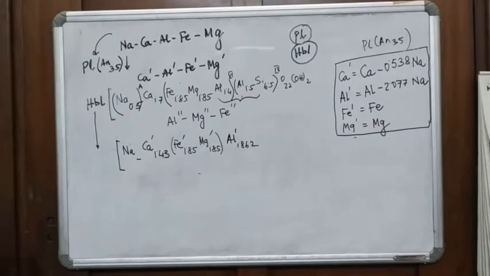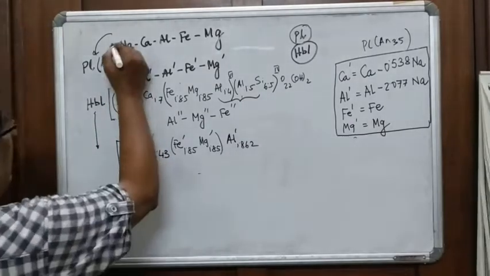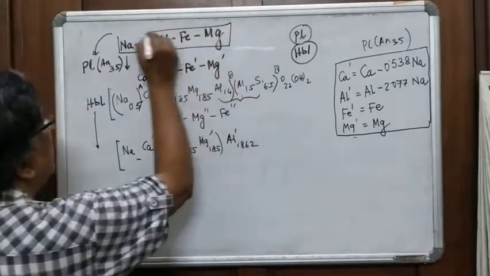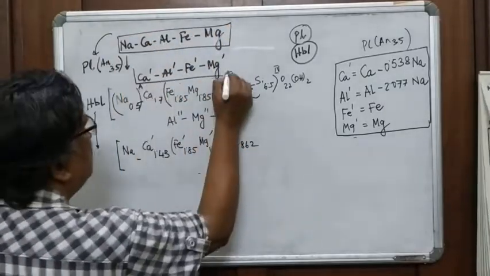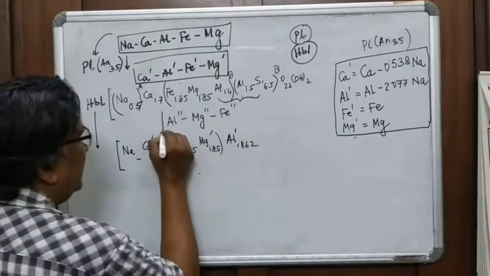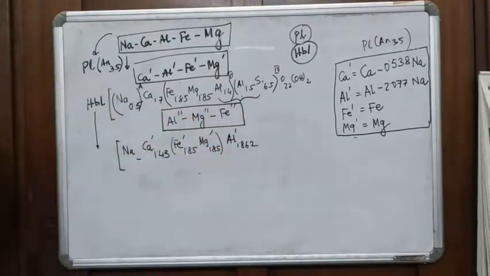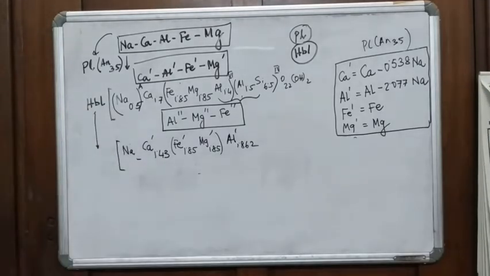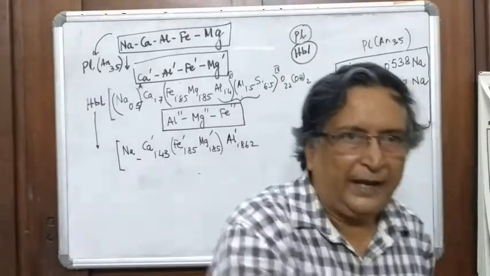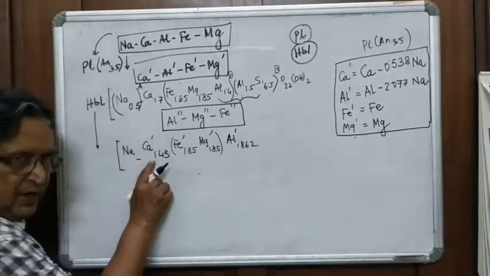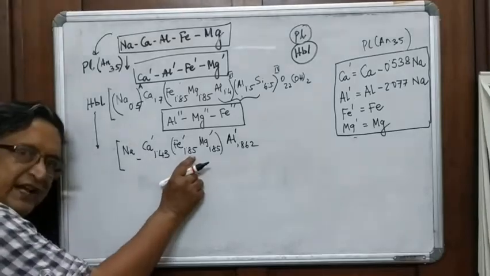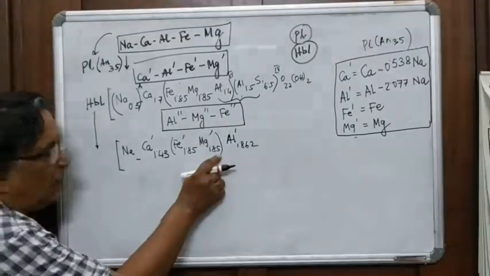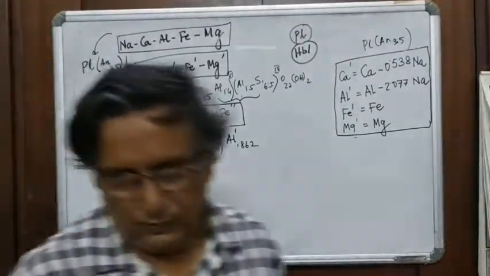But now, our next step was, remember, I think we started with this component, then we went to this component where we are. And finally, Spear suggested that we can do it this way by using the hornblende composition. Now you can see what will happen. You will write Al double prime. You're removing now calcium. If you're removing calcium, some of the iron will go, some of the magnesium will go, and some of the aluminium prime will go.